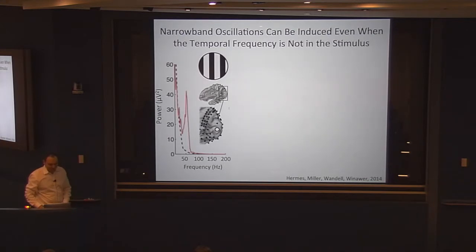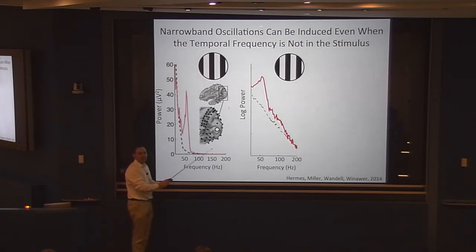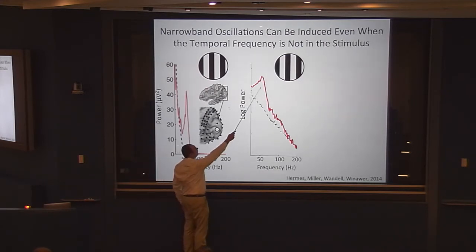and that's called a gamma oscillation. If you plot it on a log axis, the same data, I think you can see something that's not quite so obvious here, which is that in addition to this spectral elevation around 50 hertz, there's also this relatively broadband process.